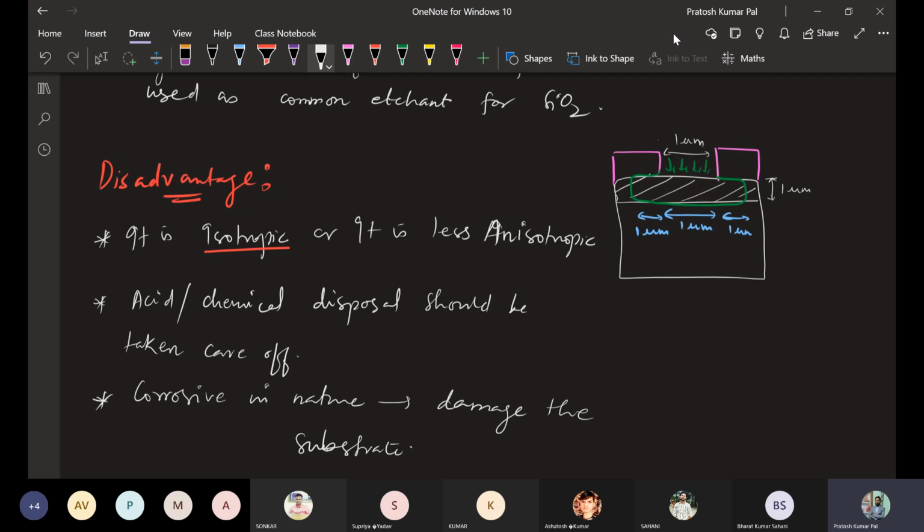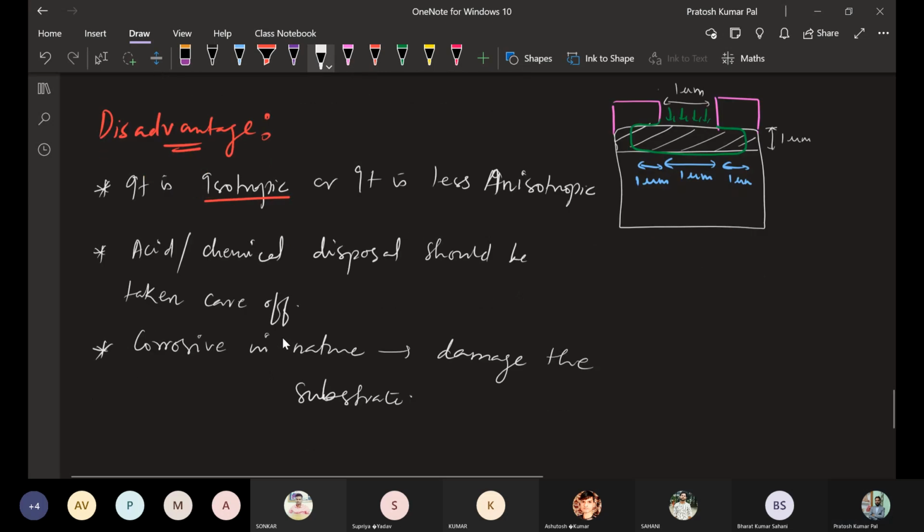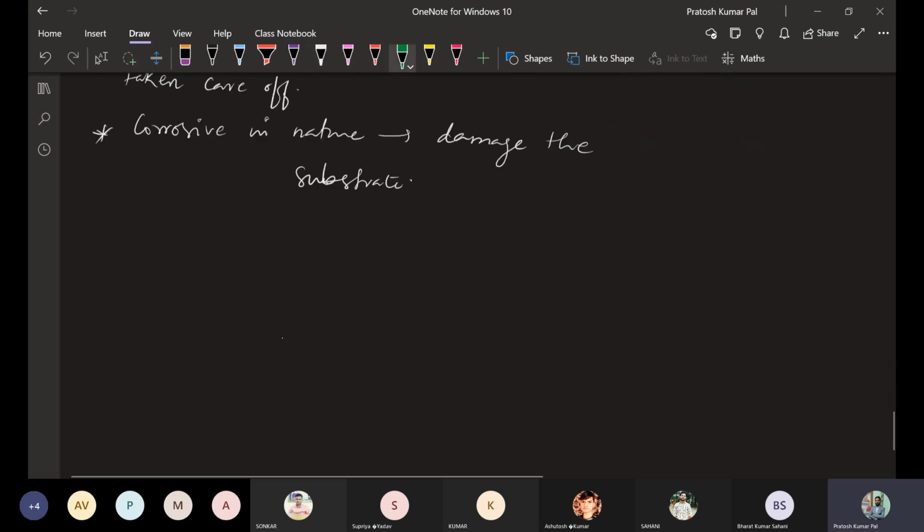But if we talk about the advantage, as it is a chemical type of etching, it will have high selectivity.